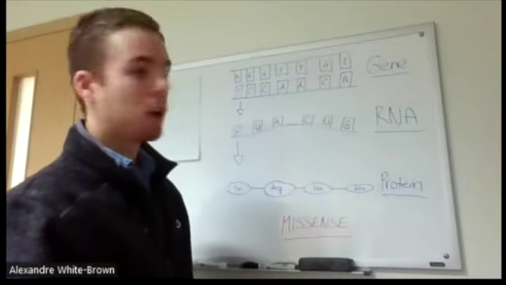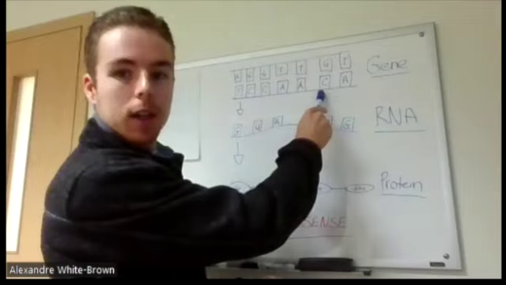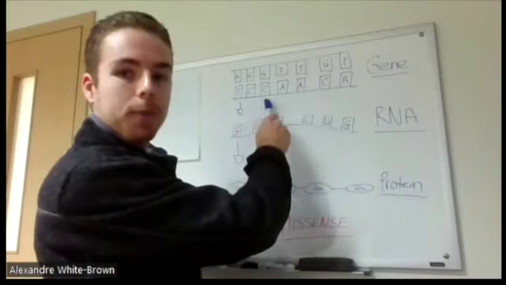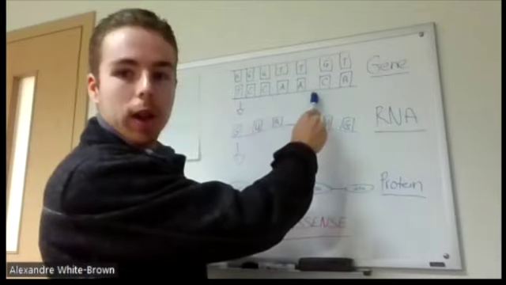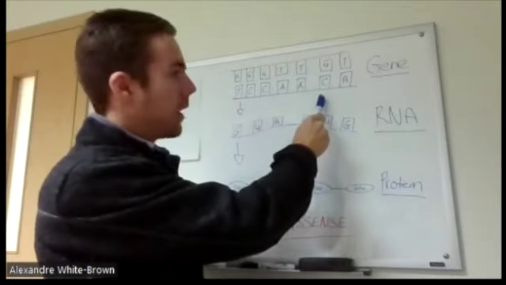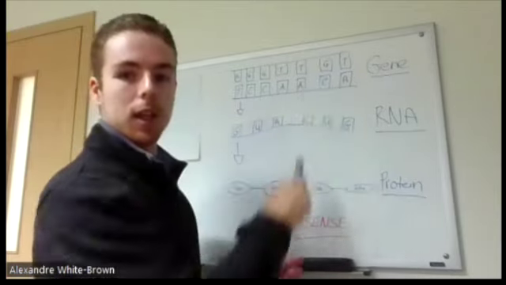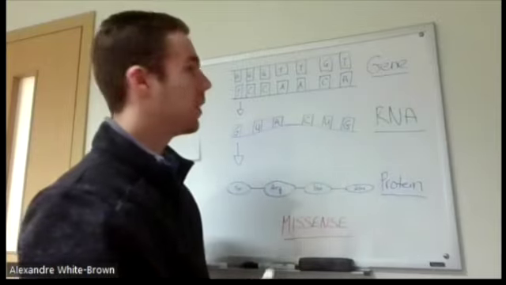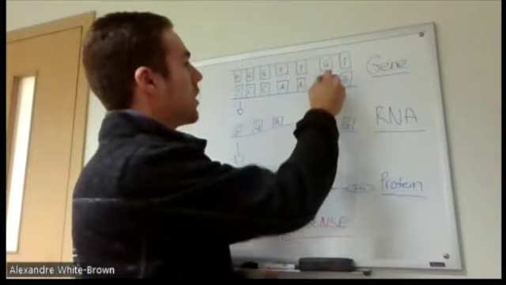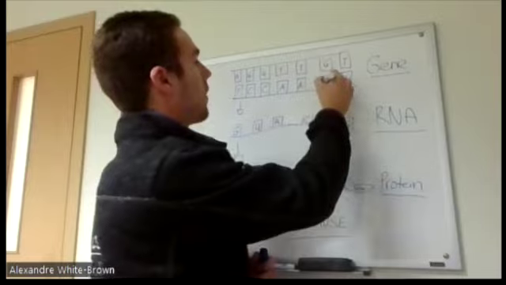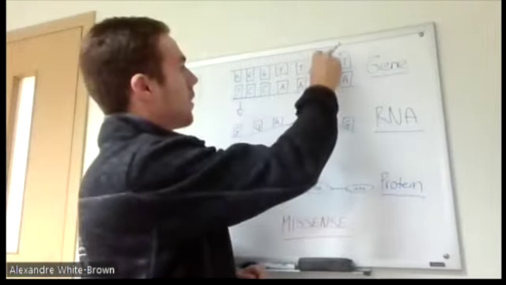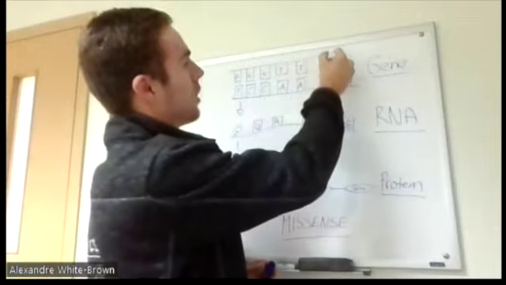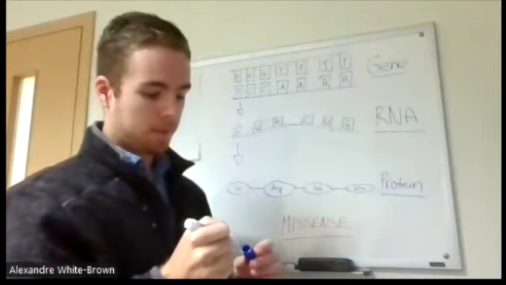So for example, we have C here, and we expect it to be a C. We are reading the gene in a certain way and would expect this part of the gene, this code, to be a C. But let's say, for example, it gets changed to an A. Subsequently, the G will get changed to a T.